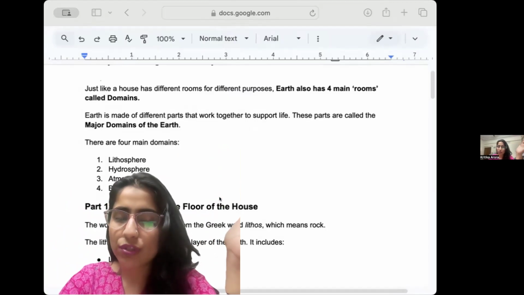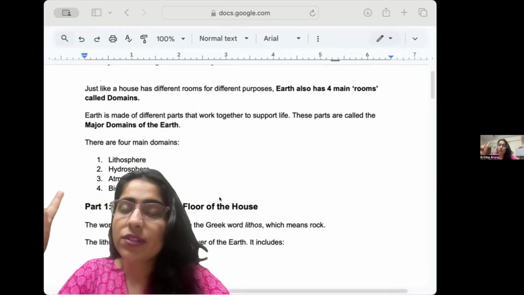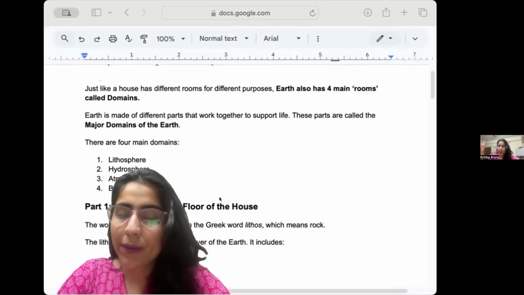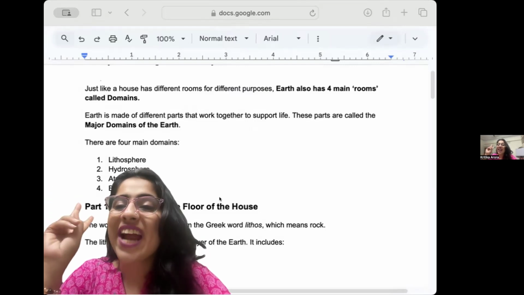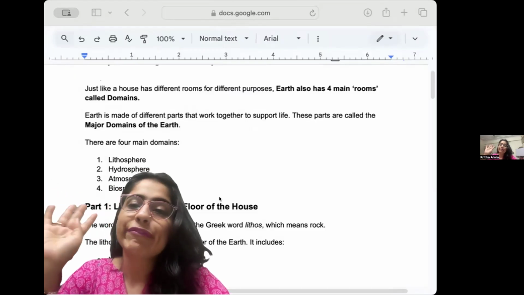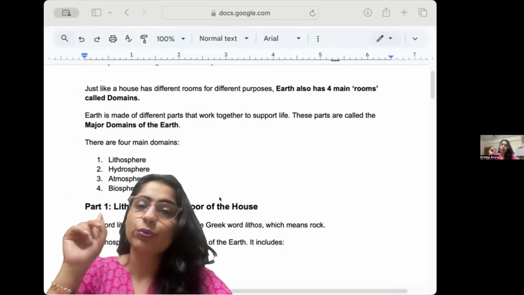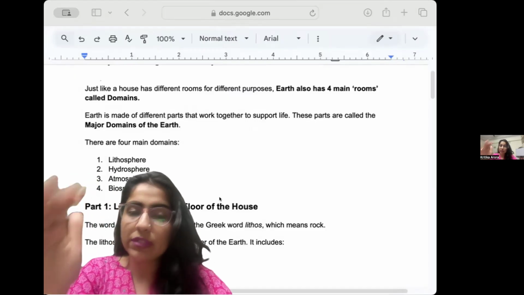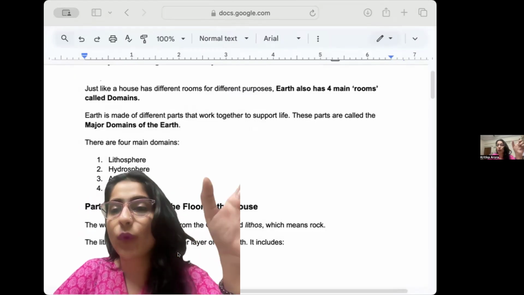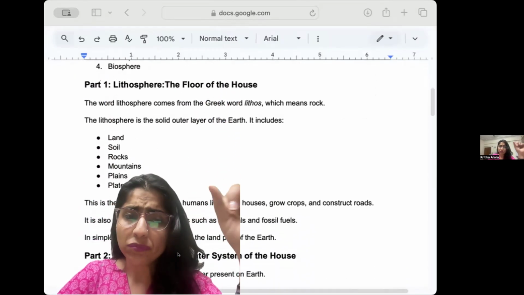Those four domains are, the very first one, lithosphere; second, hydrosphere; third, atmosphere; and fourth, biosphere. Now, we will see it one by one. The very first is lithosphere.